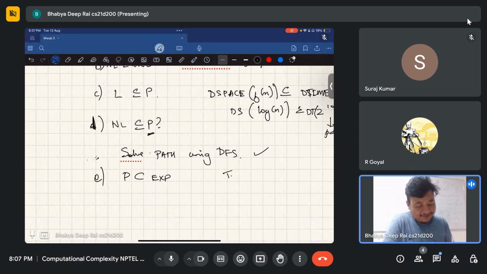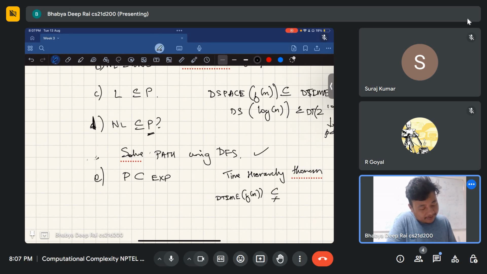The answer is the time hierarchy theorem, which I think was the first lecture of this week. What does it say? It says DTIME(f(n)) is strictly contained within DTIME(f(n) log n).